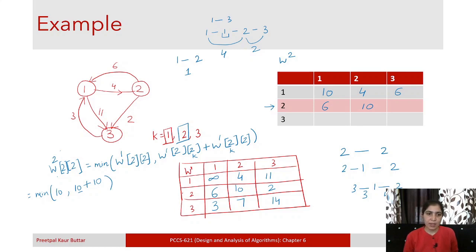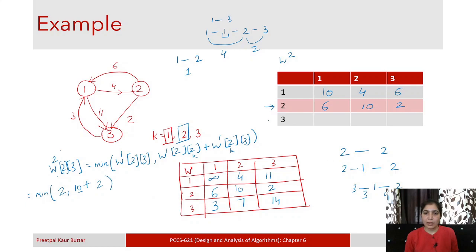Okay. Similarly, if we consider this also, the answer will not change. 2, 3 is 2, and 2, 2 is 10, 2, 3 is 2. So as I told you, the answer will not change here.